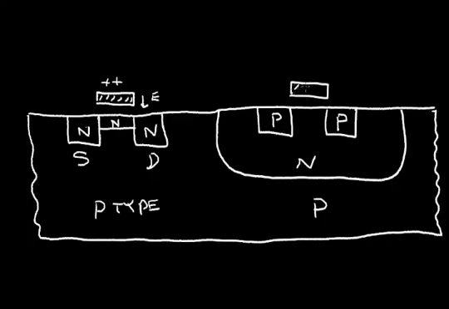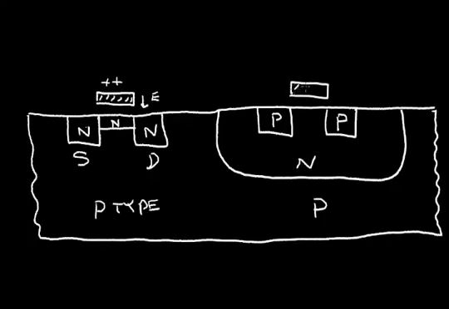Since the mobility of the N-type material is greater than the mobility in the P-type material, this transistor at the left, which is an NMOS transistor, will have better characteristics than the transistor on the right, which is a PMOS transistor. So let me scroll down here a little bit.